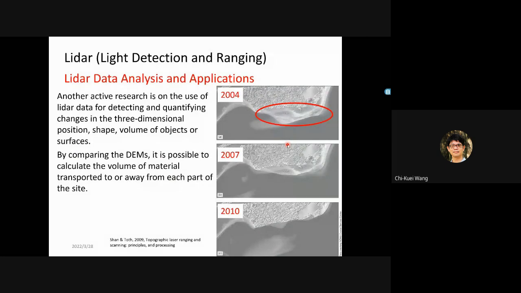The other thing is we can use the LiDAR to measure some of the volume change, such as this sand beach here. One thing is that LiDAR only relies on reflectance. When the light hits the surface, it reflects. So for this sandy beach area, it's actually more difficult for photogrammetry.